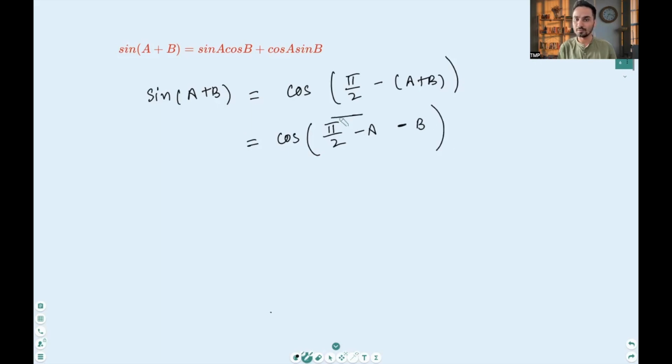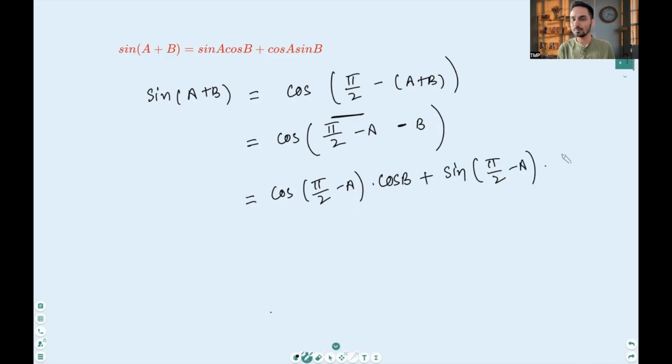And if I consider pi over 2 minus A as one term and B as one term, so we have something like cos (A minus B). And we have already learned this formula that it will be equal to cos (pi over 2 minus A) times cos B plus sine (pi over 2 minus A) times sine B.